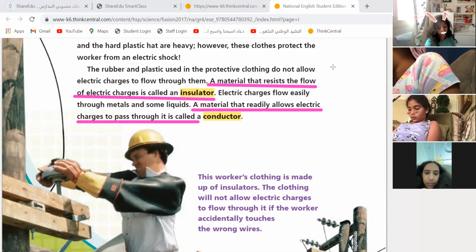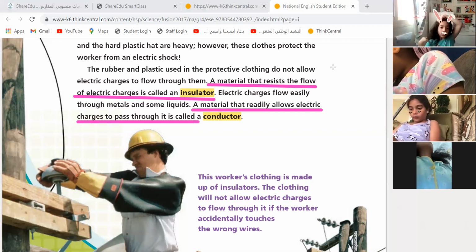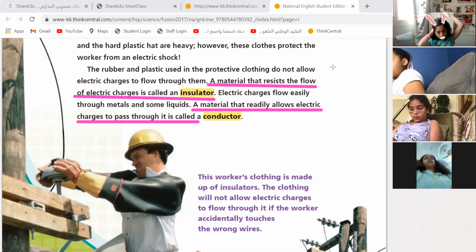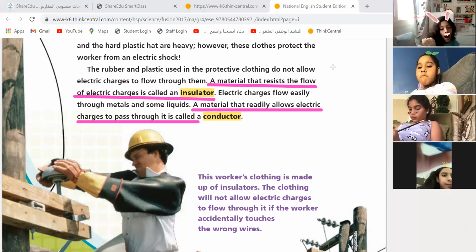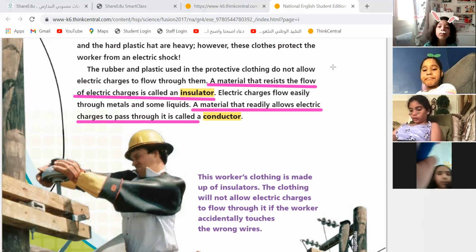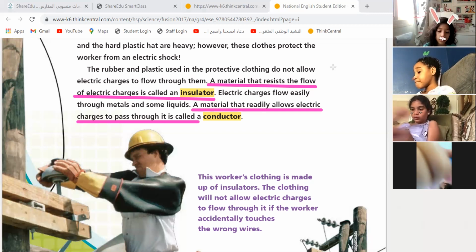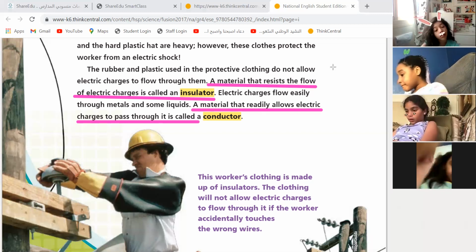So the same thing as heat. If a material resists, does not allow the flow of electric charges, we call it an insulator. But if they are good transferers, or they allow the electric charges to move from one place to another, they are conductors.